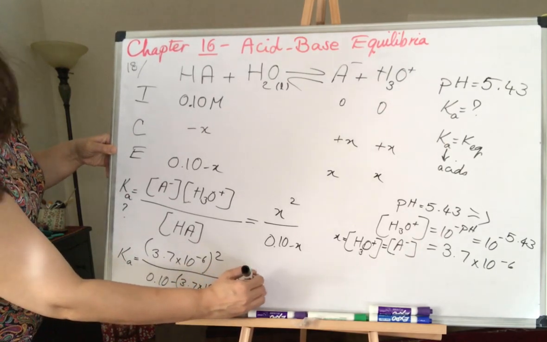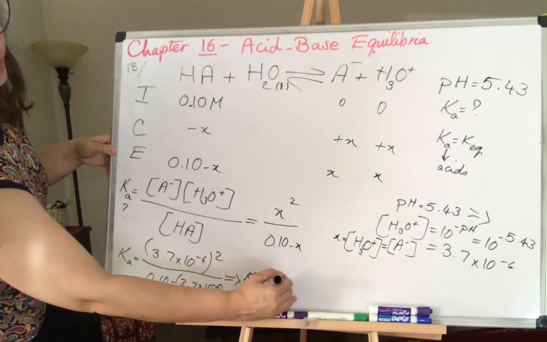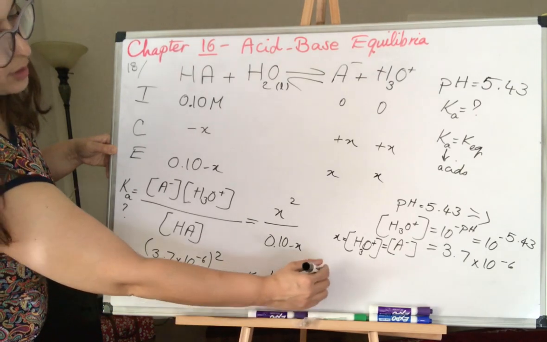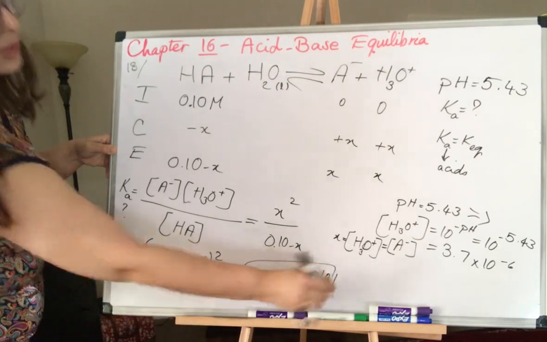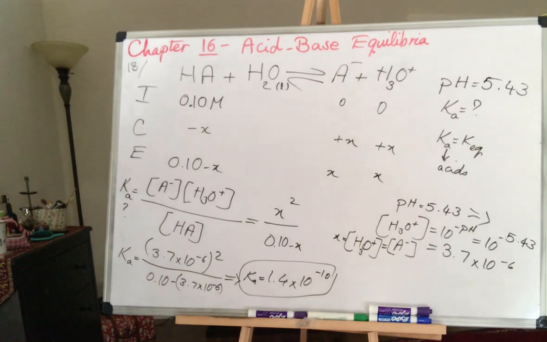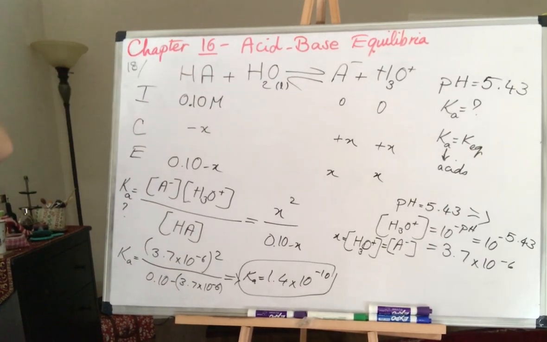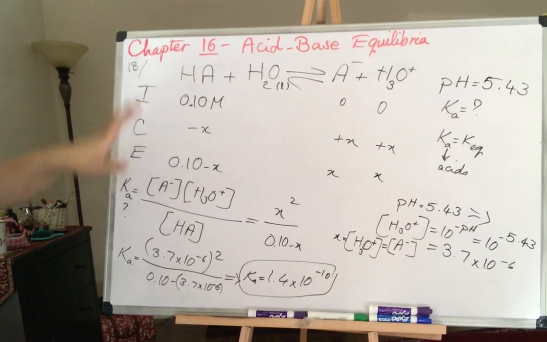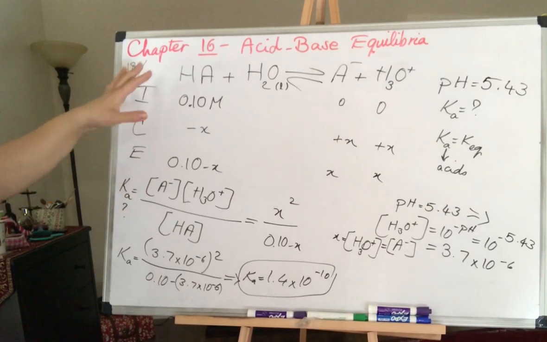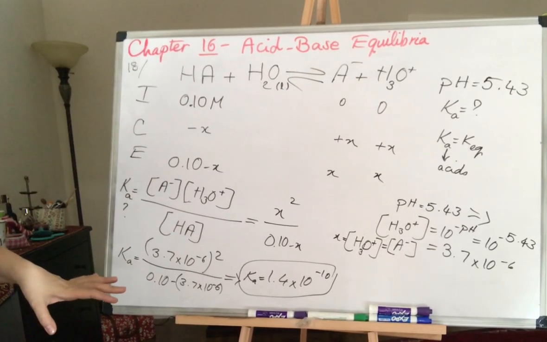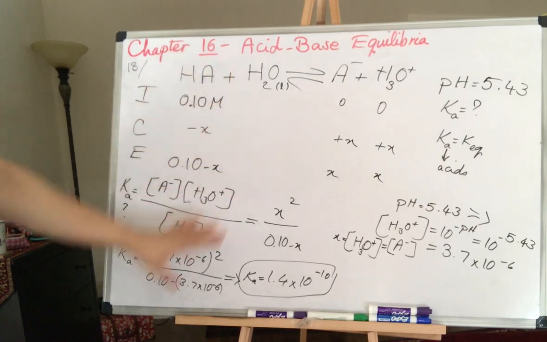So Ka is going to be 1.4 times 10 to negative 10, according to what you have on your PowerPoint slide. Okay, so combining and working on the concept of equilibrium, it gives us the Ka.